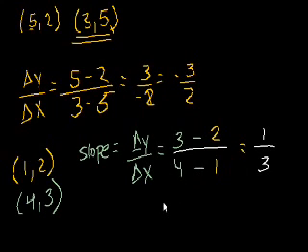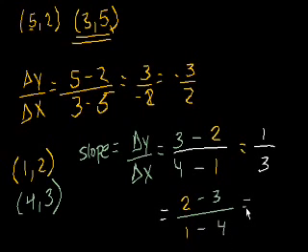And we could have actually switched it around. We could have done it the other way. We could have said 2 minus 3 over 1 minus 4, in which case we would have gotten negative 1 over negative 3. Well, that just equals 1/3 again, because the negatives cancel out.